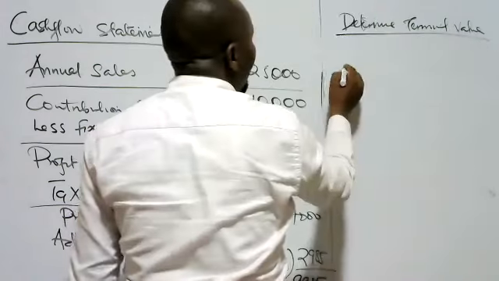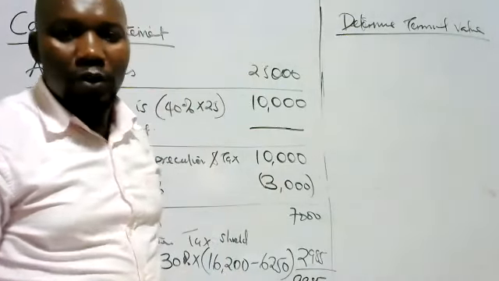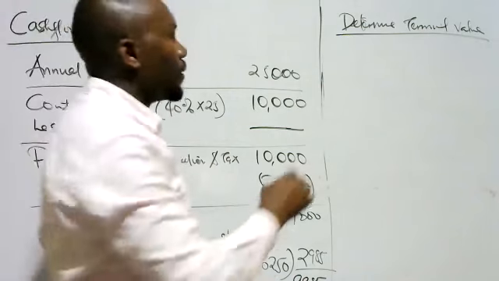So the terminal value, the first terminal value that we can still remember is the scrap value of the new machine.